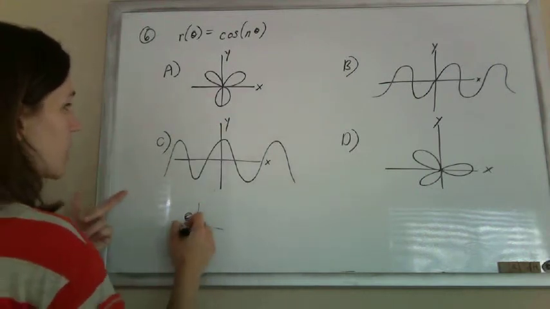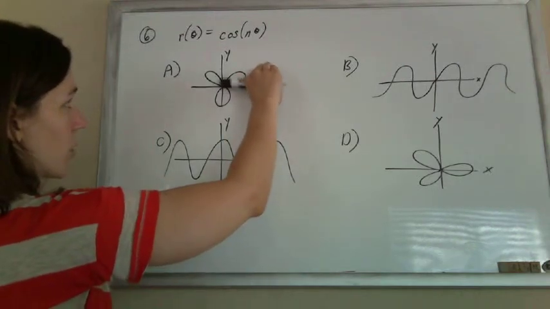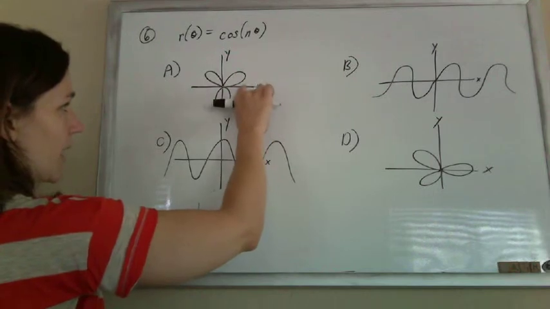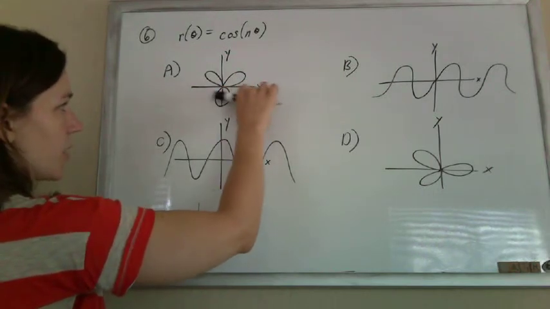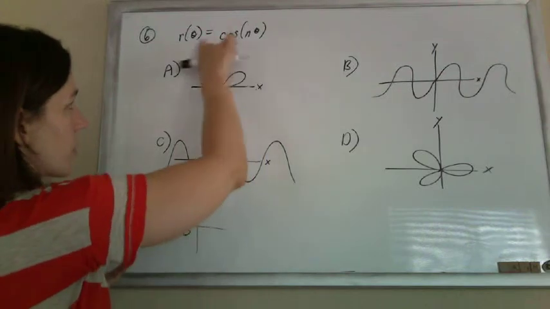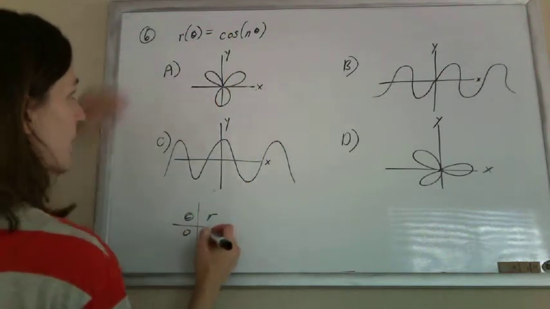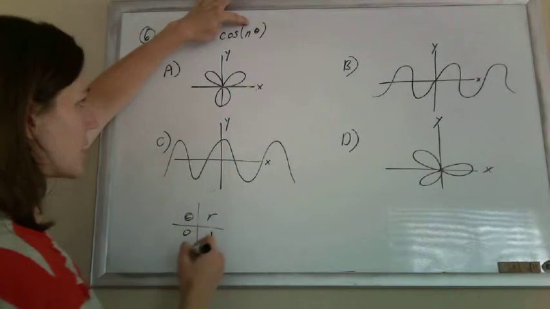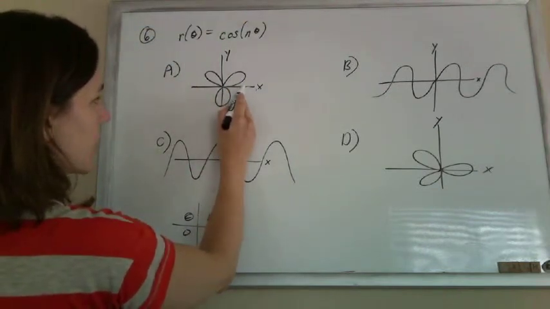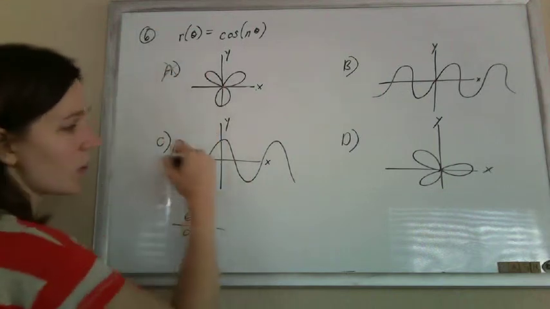Let's say theta was 0. Let's say the axis was 0. Then the angle was 0, so we're just right on the axis. Your angles start here and go counterclockwise. So if your angle was 0, the radius would be the cosine of 0, and the cosine of 0 is 1. So if we're at 0, the radius should be out at 1. So it's not that one.